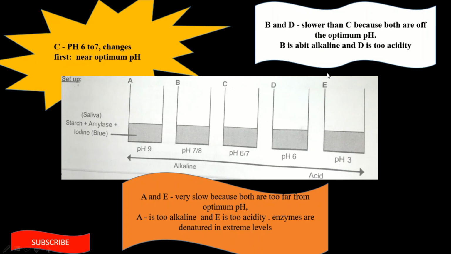Now, how do we know that it contains starch? It's because our iodine solution will remain blue. And we know that when your iodine solution is blue, that indicates that starch is present. When iodine solution changes to yellow, that is to indicate that starch is absent.